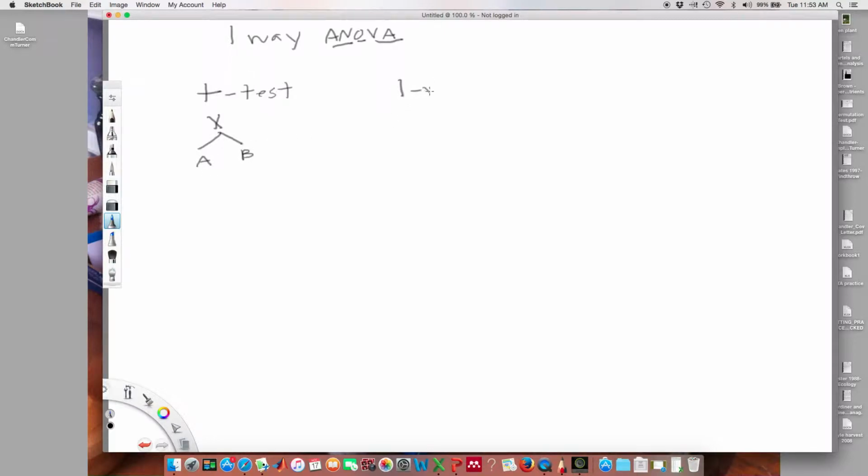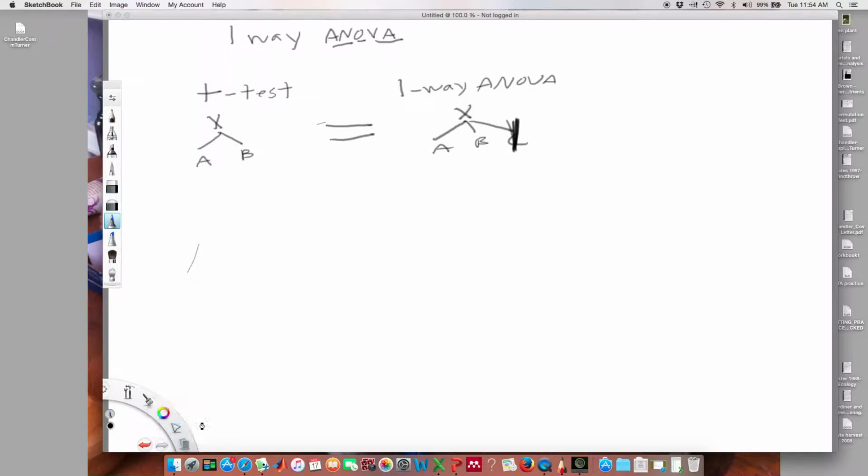Well, a one-way ANOVA can be used to, again, look at one independent variable, but you can have multiple levels of that variable. And in fact, if you run a one-way ANOVA on just these two levels of the variable, you'll get the same results as you would get in a t-test.